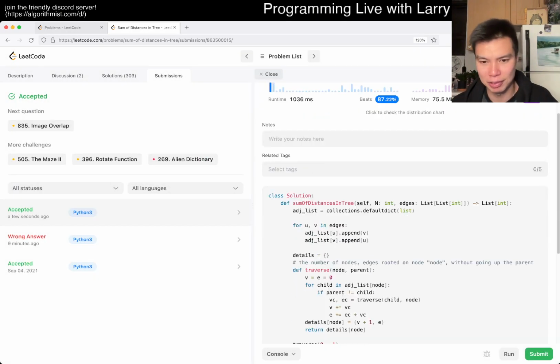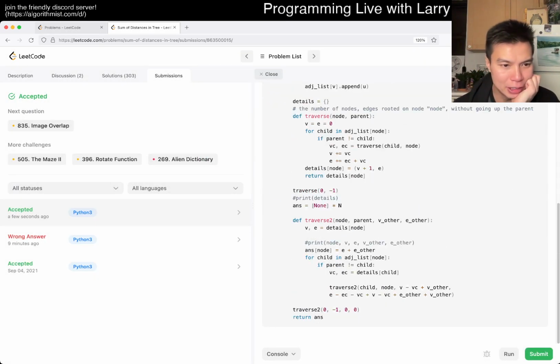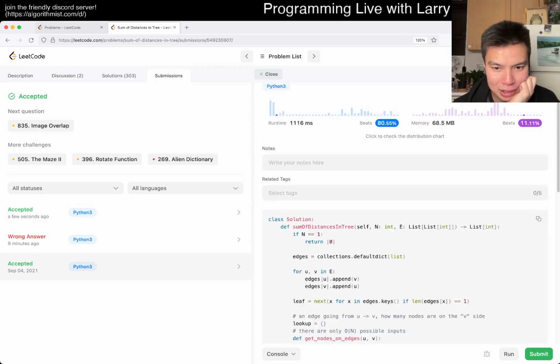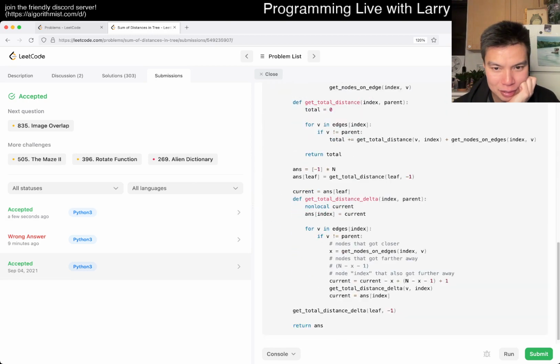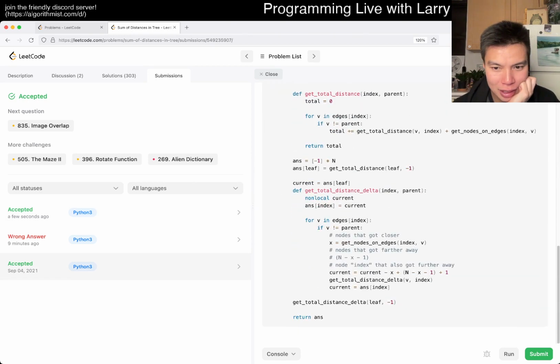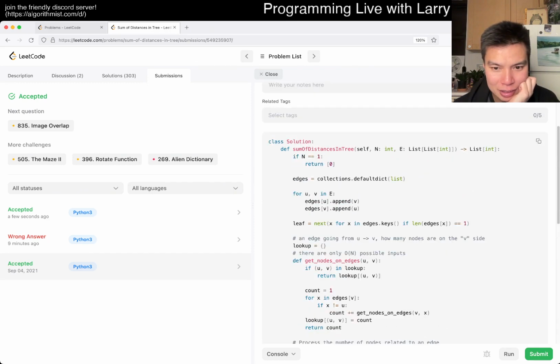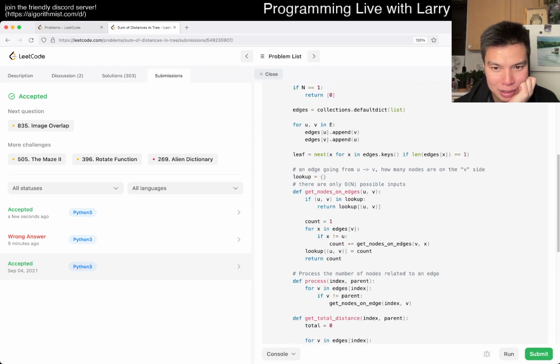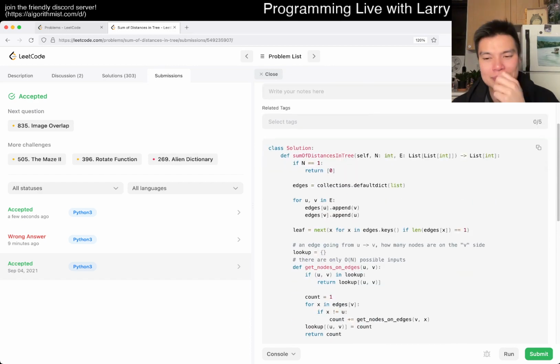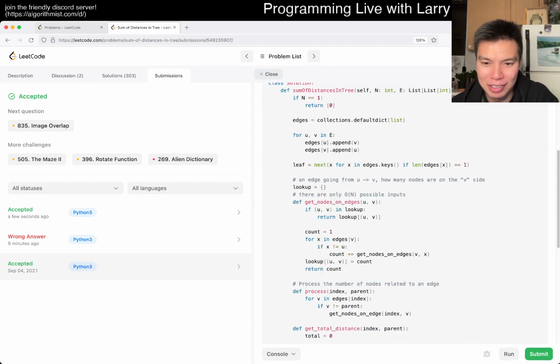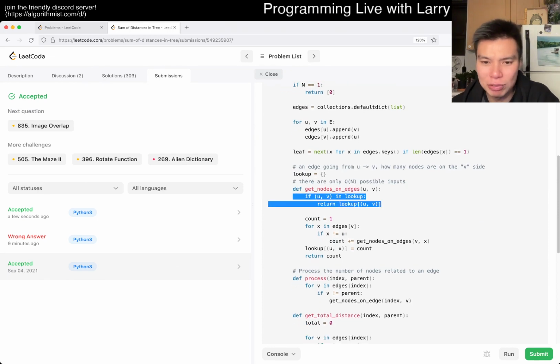That was a very tough one. It's doing linear time. What did I do last time? I guess that's what I wanted to do, but I clearly did not do it this way. Past Larry is smaller too than current Larry, but that's because I did it in this way.